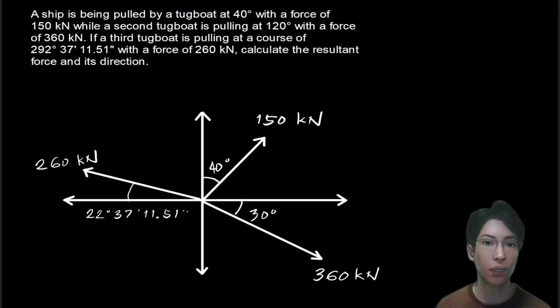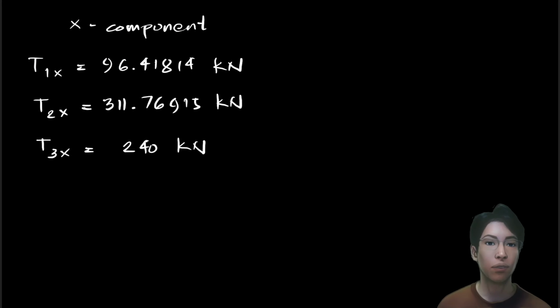Why is it negative? Because, as you can see over here, it is going to the left. So the x component lies on this side. So it should be negative. So I will write here negative. So you now have a negative sign.